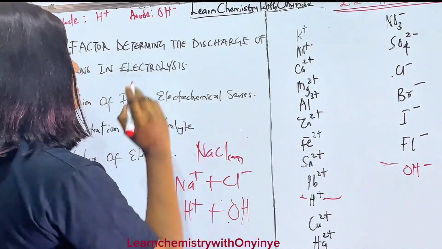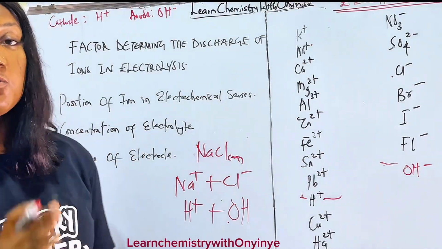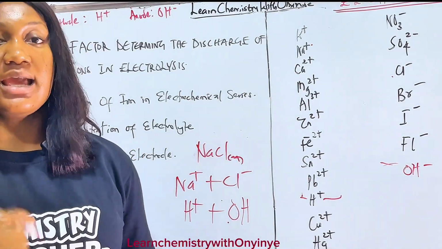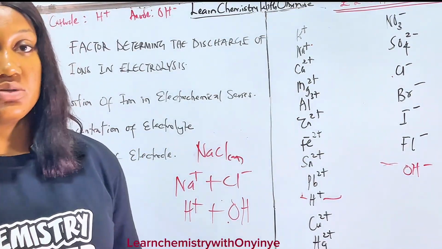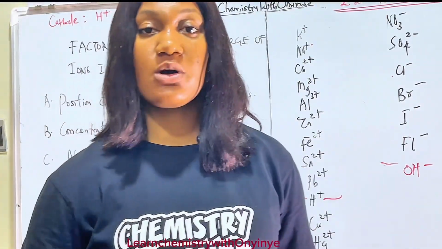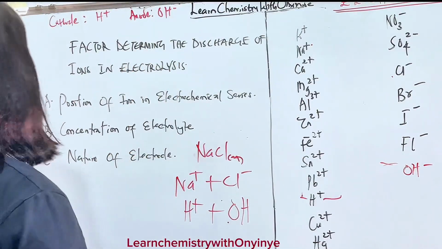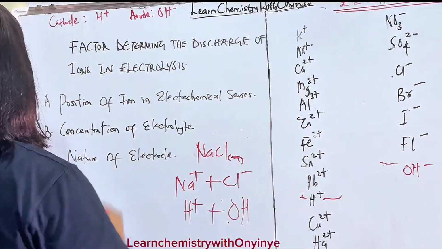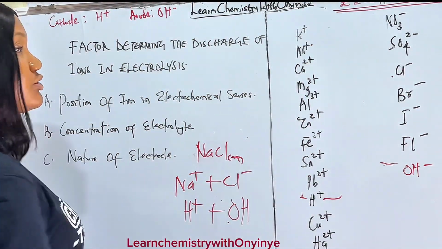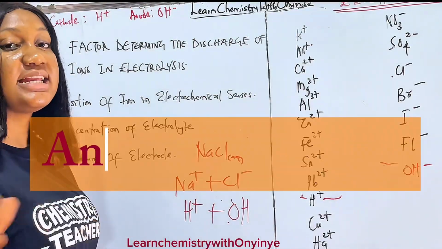However, this works fully when the electrode used is inert. What are electrodes? These are rods through which current passes into or leaves the electrolyte. If you are going to be using this, the electrode must be an inert electrode.